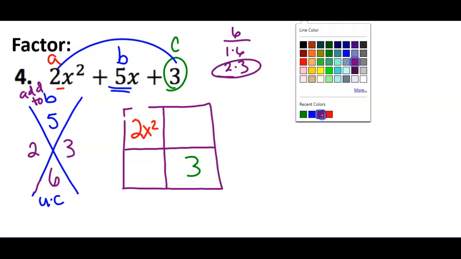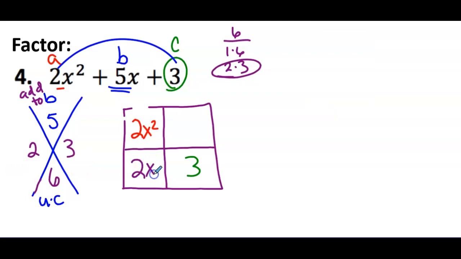And then my 2x and my 3x go here. Okay? So inside my box comes from my diamond. This is b. This is a times c. These two numbers add to b and multiply to a times c, or multiply to my master product. Then I fill in my box.